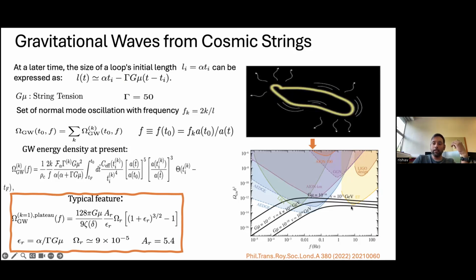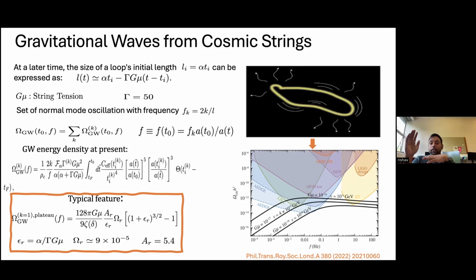The saturation happens because this is the time when the loops are formed in the radiation dominated era, and they start emitting gravitational waves. Now what we know is that the energy density of the gravitational wave also falls as a to the power of -4, same as radiation. So it dilutes very fast.